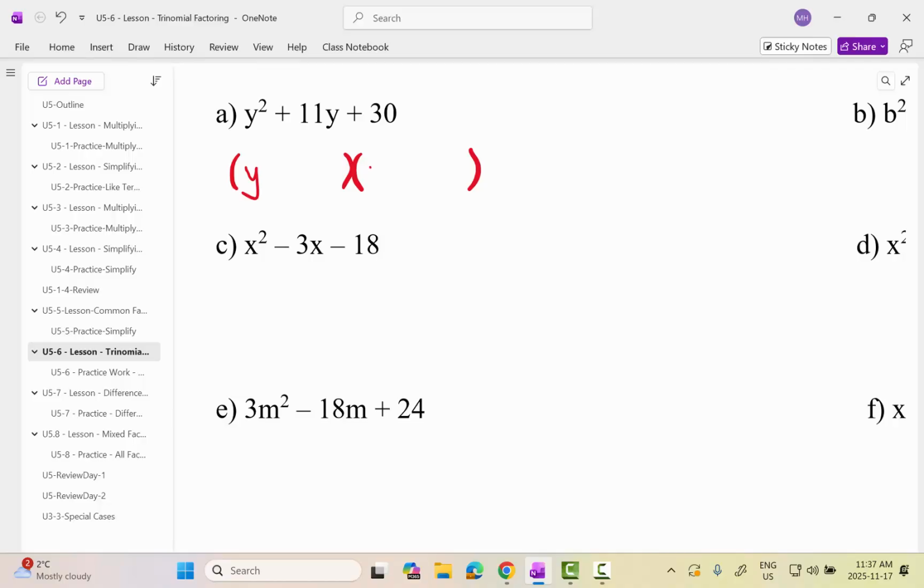Y and Y over here. Because remember, y times y is going to give you y squared. Now, I need to find two numbers that multiply to 30. But those two numbers also somehow have to add up to 11.